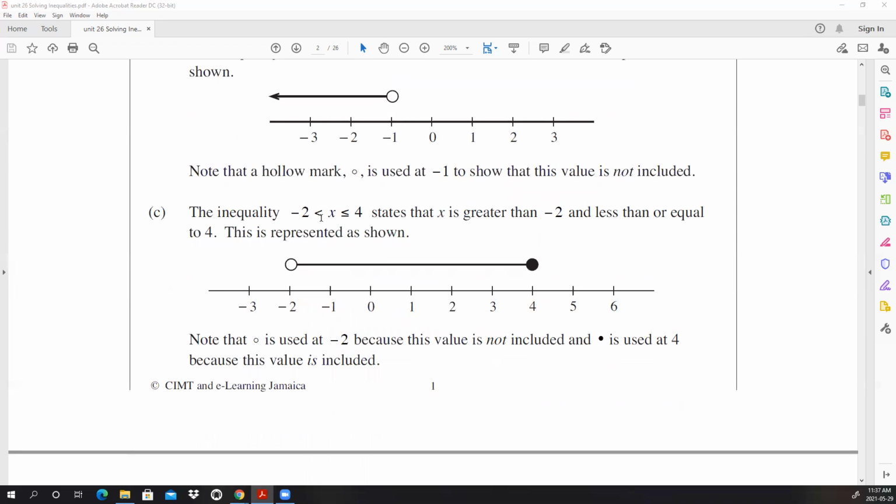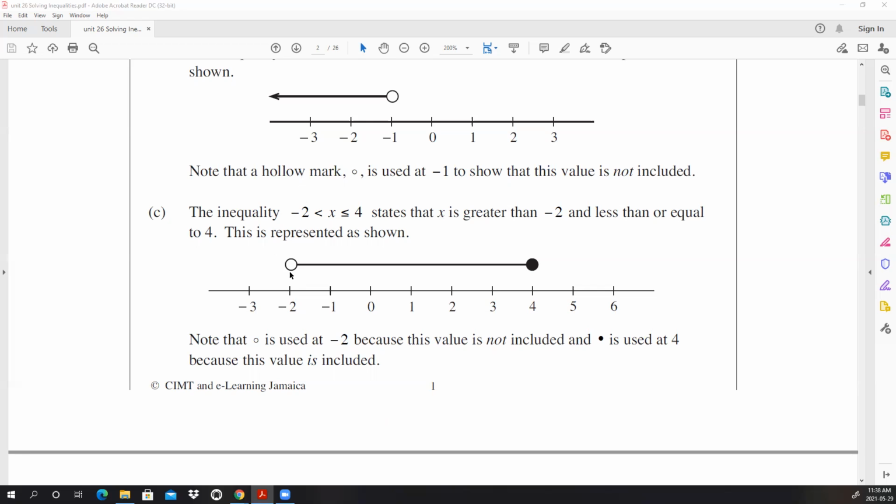And then here we have another inequality. You read it by saying x is greater than -2, but less than or equal to 4. Since it is greater than -2 and does not include -2, we're going to have a hollow mark.